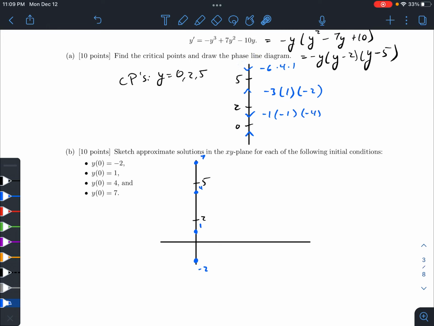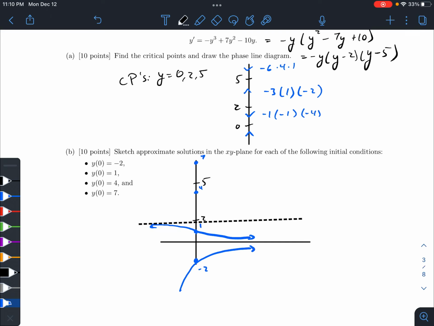So we basically just want to take this information up here. So it's going upwards below 0, so it should look something like this. It's sloping upwards at negative 1, or sorry, plus 1. So that should look something like this.